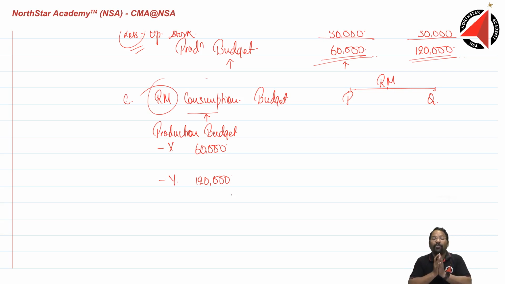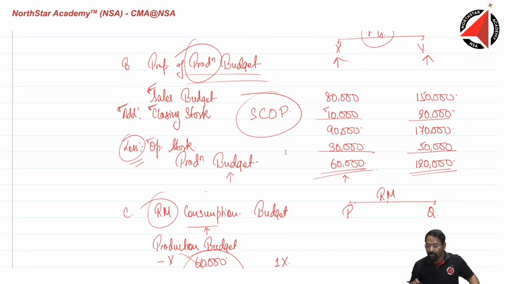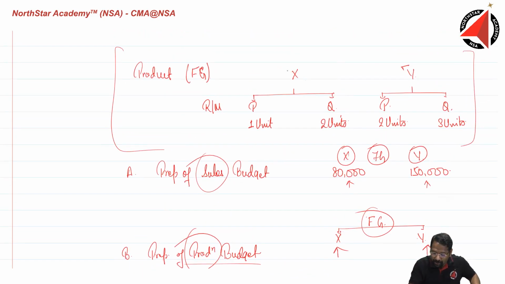Now forget 60,000 and forget 120,000 for now. Answer my question. To make 1 unit of X, what all raw material do I need? I need P and I need Q. I need 1 unit of P and 2 units of Q. Do you agree?